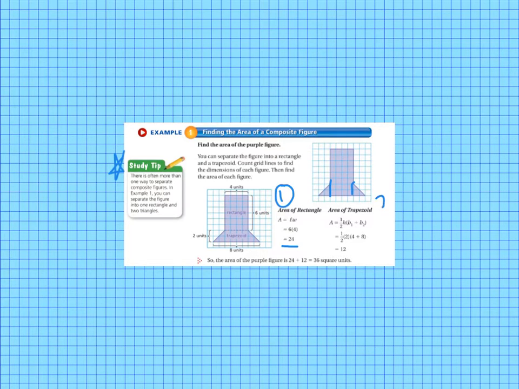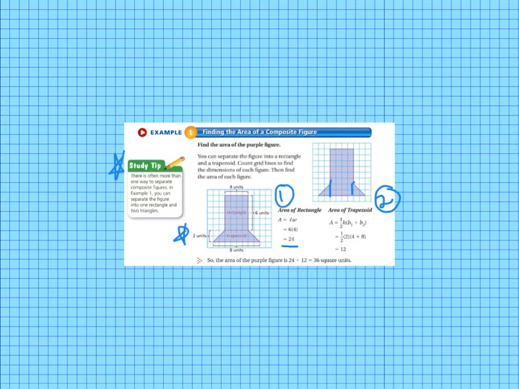And then step 2 is we're going to find the area of the trapezoid at the bottom here. And so we write our formula, area equals 1/2 height times base 1 plus base 2, and then we substitute in our numbers. So our base 1 is 4, so that's the top of the trapezoid. Our base 2 is 8, that's the bottom.